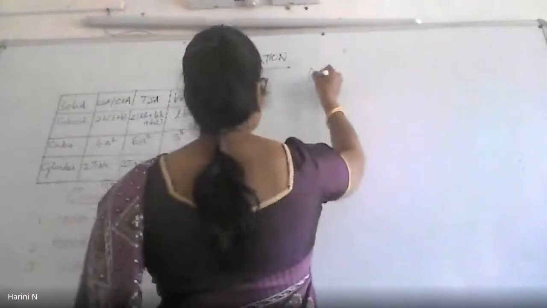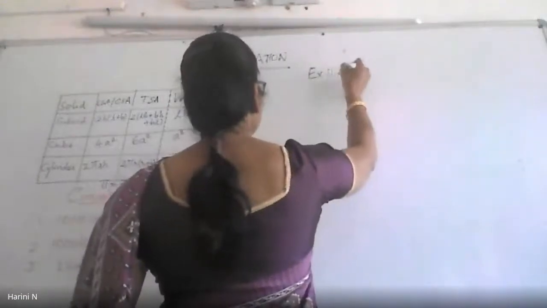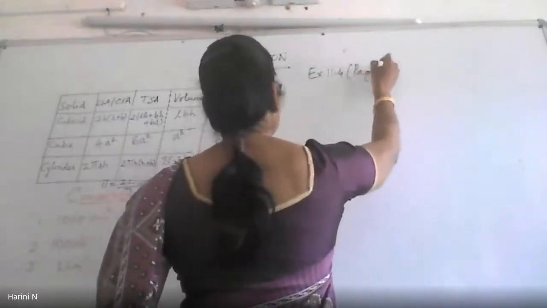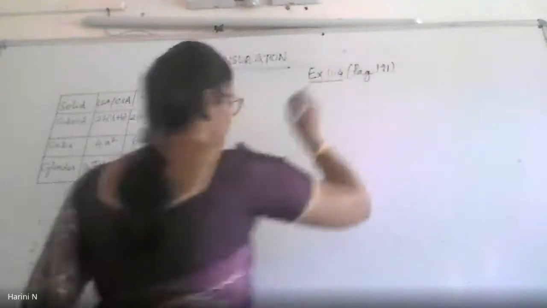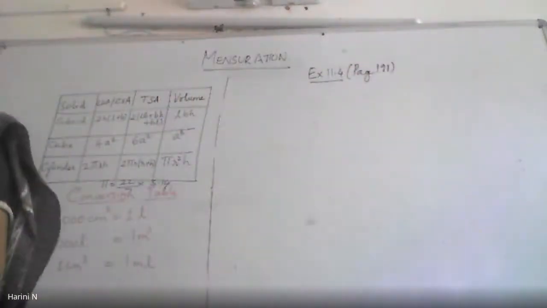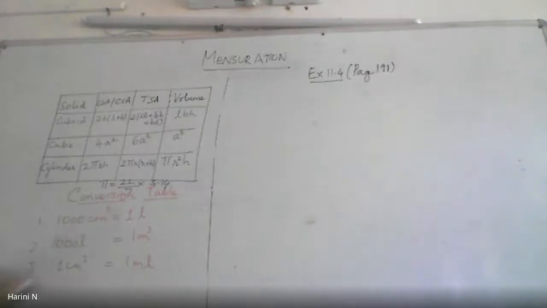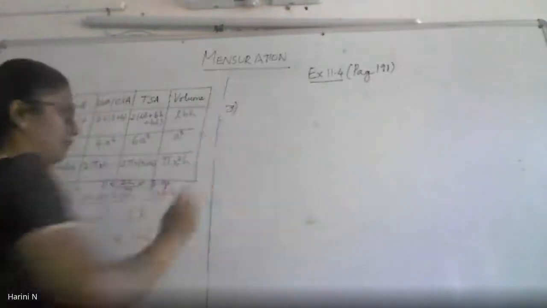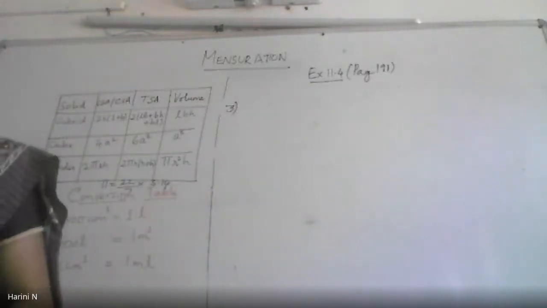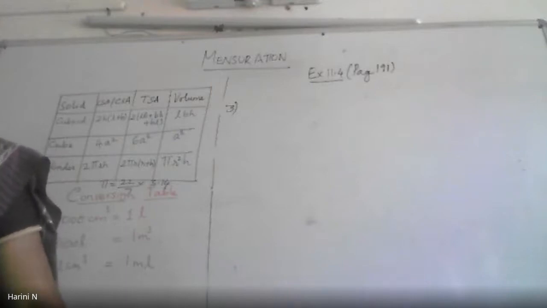Okay, going back to exercise 11.4 and page number 191. We will take up the third problem. Find the height of the cuboid whose base area is 180 centimeters square and the volume is 900 centimeter cube.